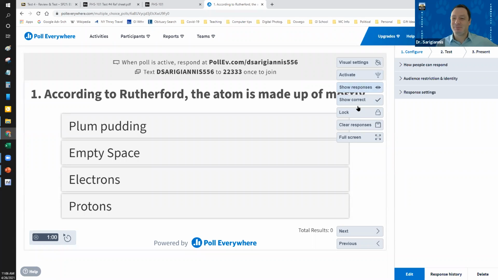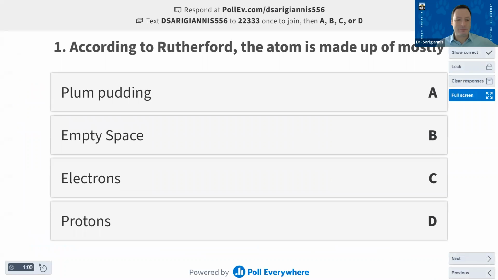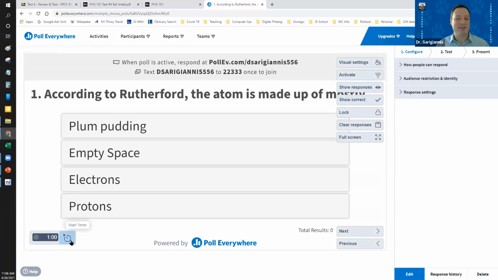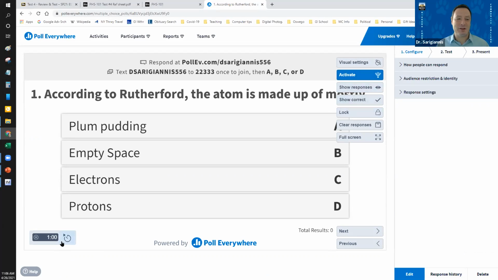All right, let me go full screen and activate this. According to Rutherford, the atom is made up of mostly what? Why is this timer not starting? It's activated.